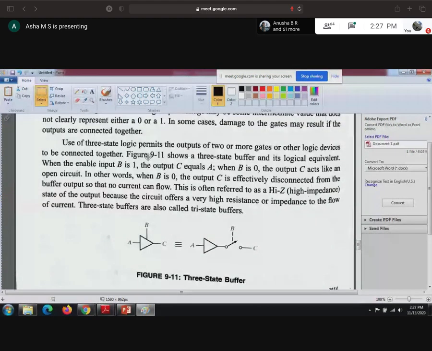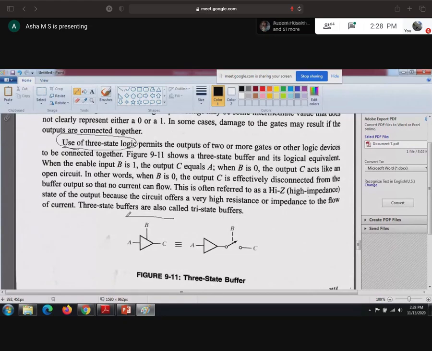This is what I explained previously: if you connect the outputs of two or more gates or other logic devices together, it will be a confusion state. To connect them, we are going to use the three-state buffer. So what is three-state logic?